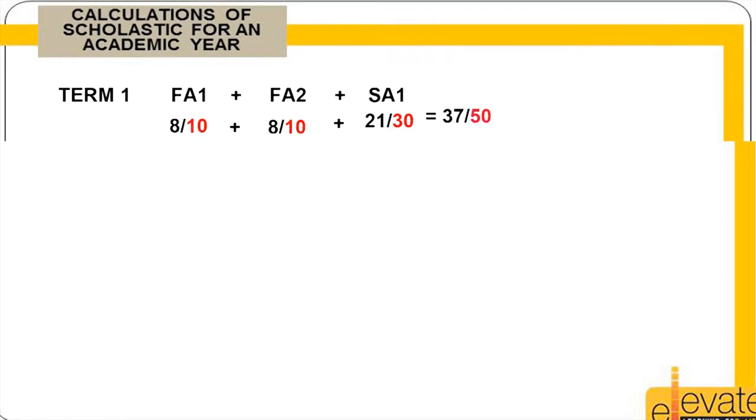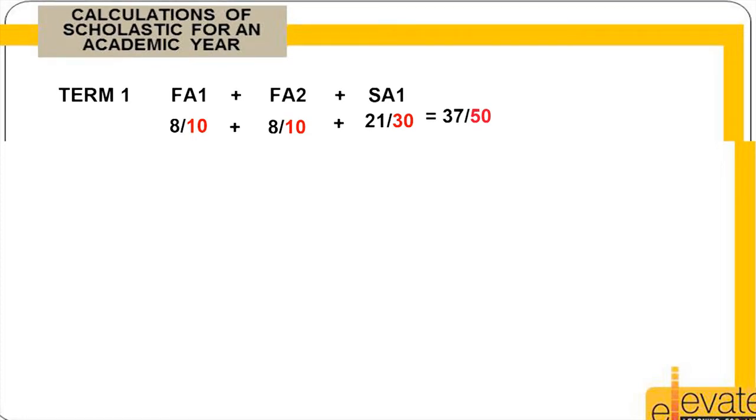See it for the whole year result. Term 1, FA1, he has scored 8 marks out of 10. Now we can assume that he has scored 8 marks once again for FA2, and for SA1, the summative assessment, he gets 21 marks out of 30.